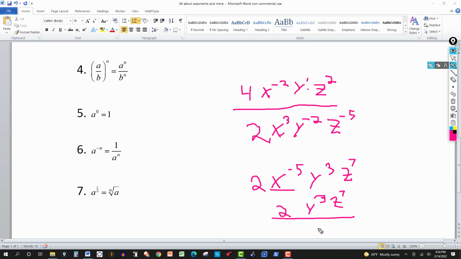So this will become x to the fifth. And this would be your simplified answer. Again, these are operations with monomial type expressions. You can use these type of formulas for binomials, trinomials, and so forth.